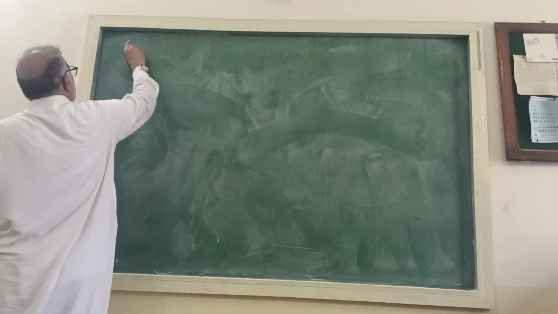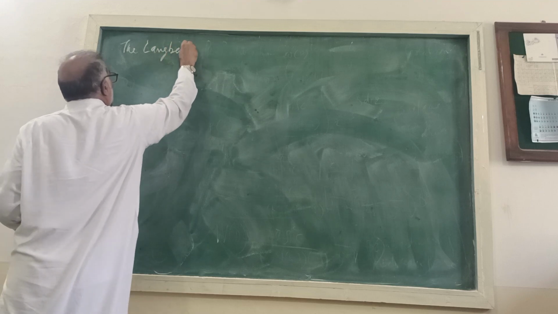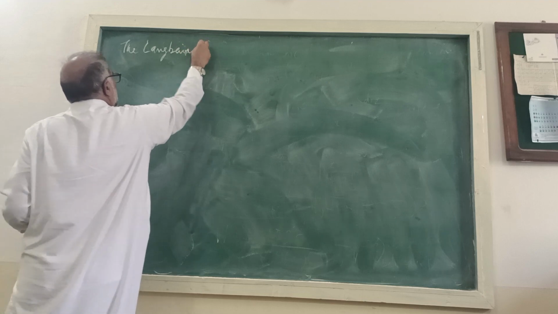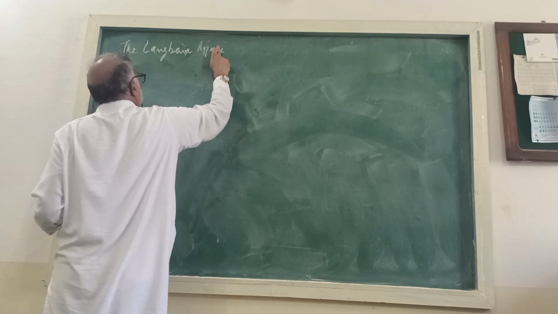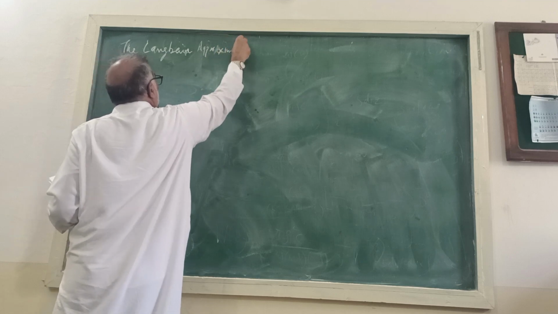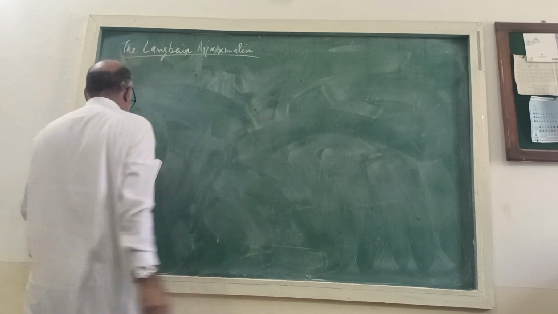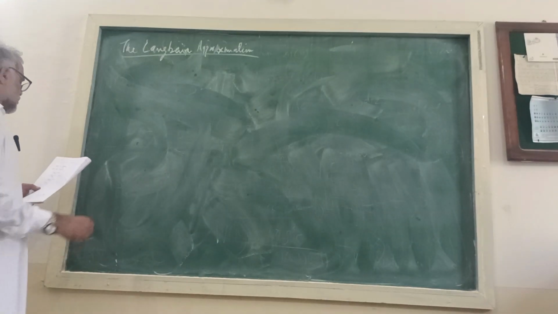The Derjaguin approximation: the effective interaction area between two spheres.